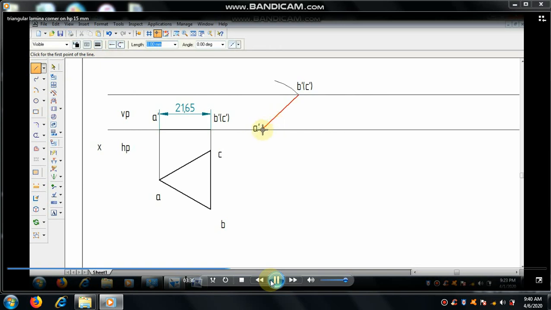And moreover we can draw the projector lines from the front view, from here A to A where it meets, and B to B, C to C dash. Okay.